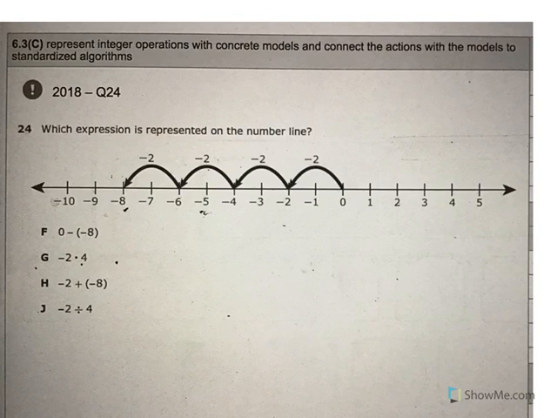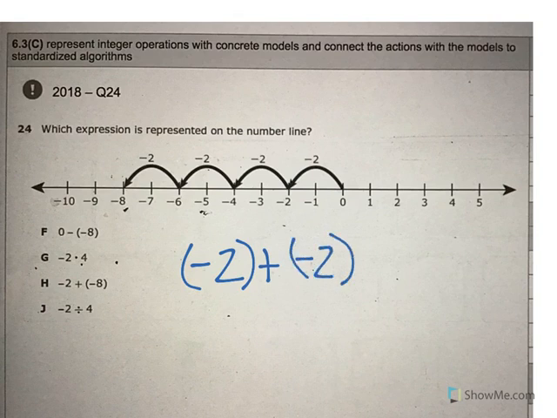All right, let's see if it's G. -2 times 4, integer operation. So with -2 times 4, I have 4 groups of -2. Another way of doing this would be written like this. I counted up how many -2s I have.